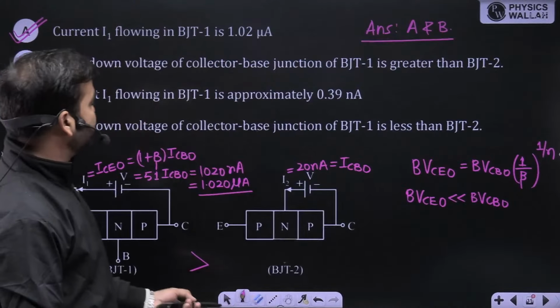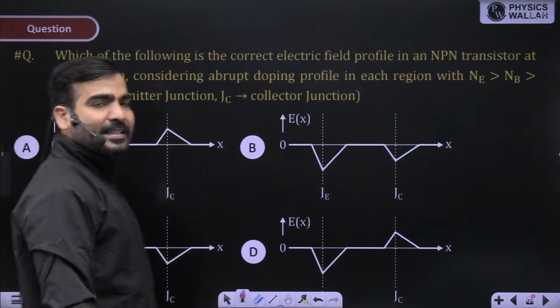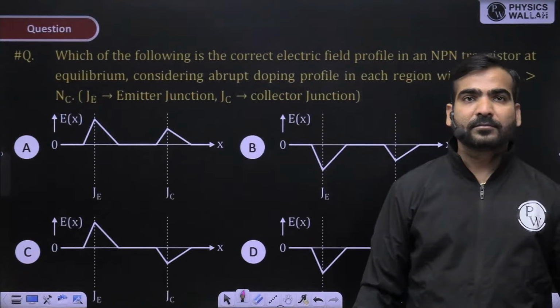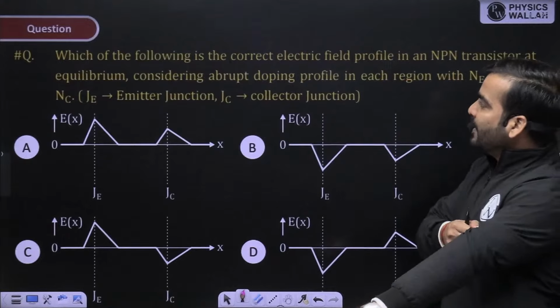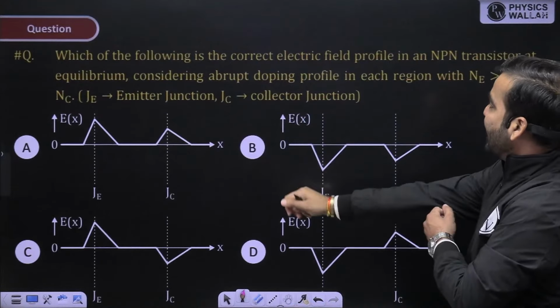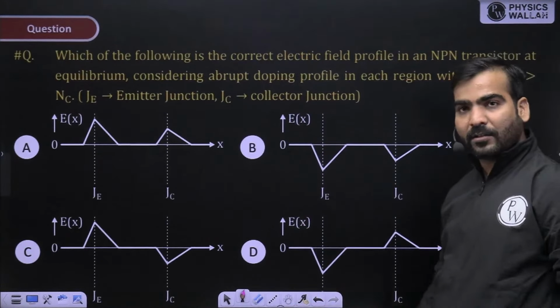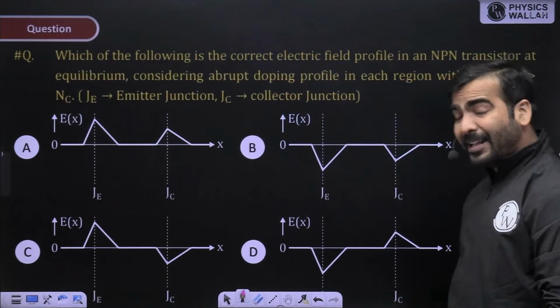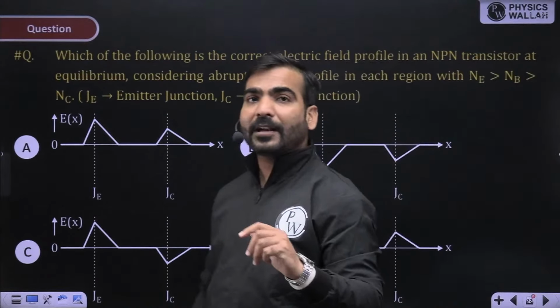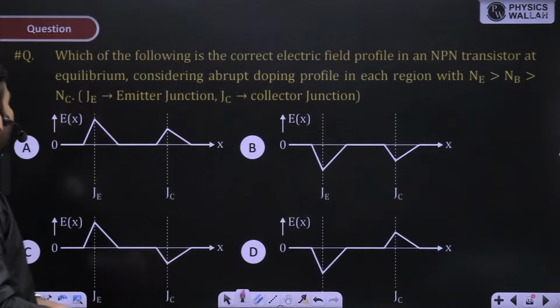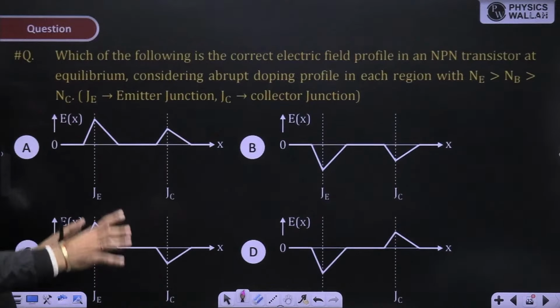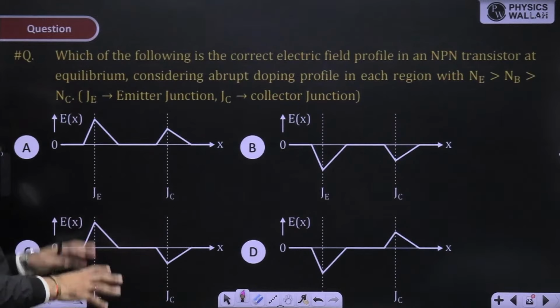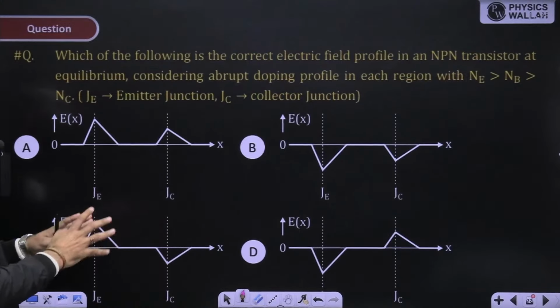Any problem? Okay. Let's see this question. Again designed by me. The question is, which of the following is the correct electric field profile in an NPN transistor? You are having an NPN transistor at equilibrium. Which one of the following is the electric field profile?